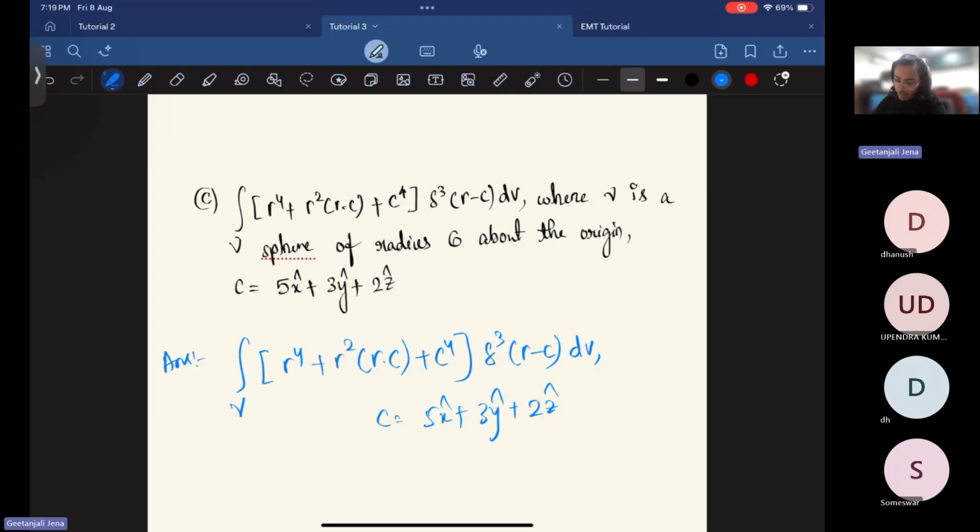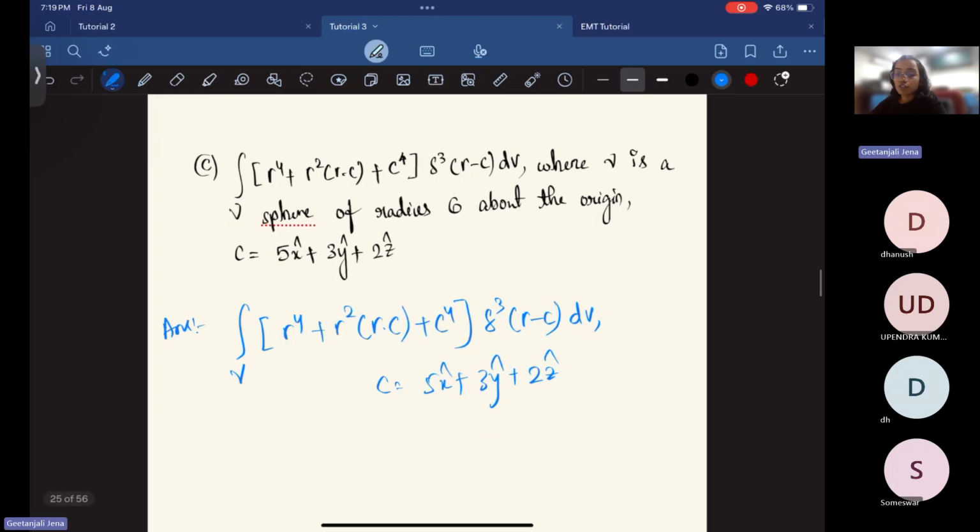So first see whether the point where the delta function is non-zero is inside the sphere or not. If yes, then evaluate the integral. If not, just put the value as 0.